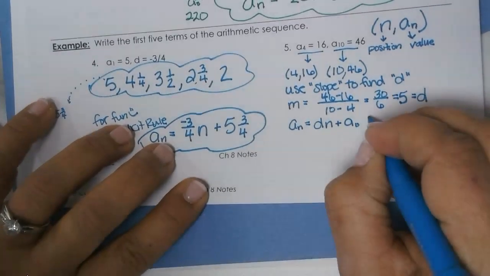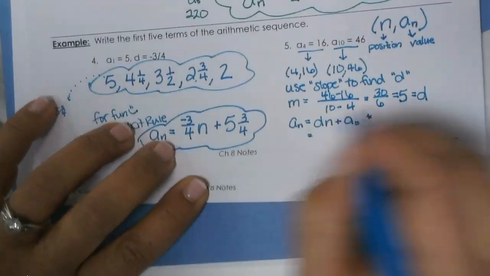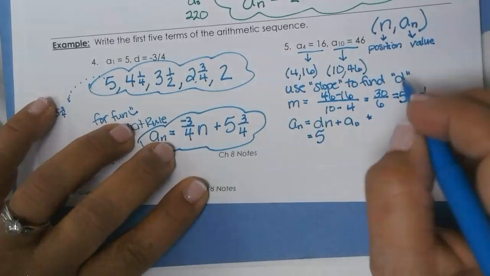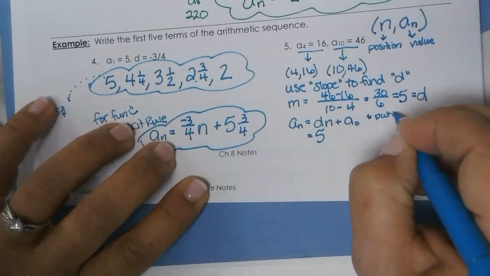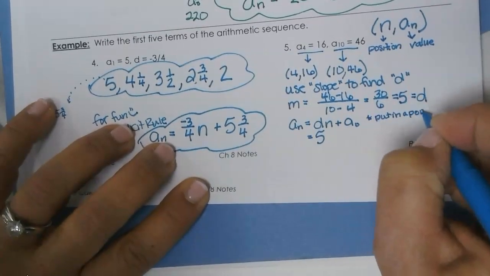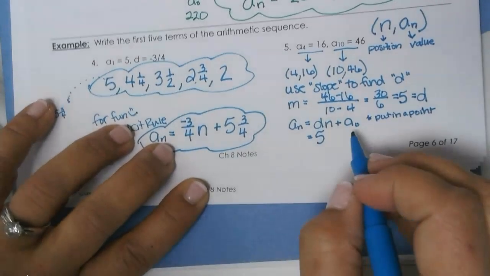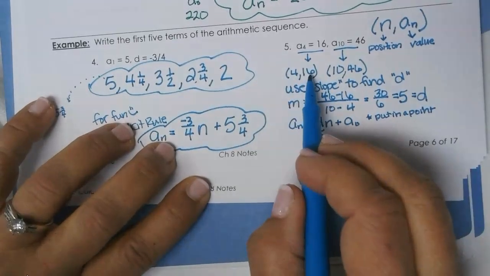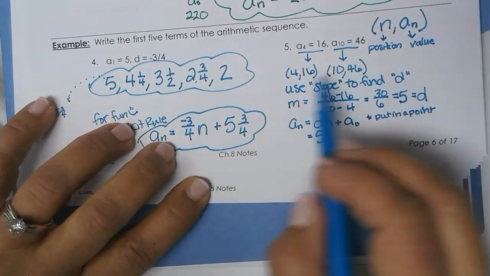We know that our d value is going to be 5. And we're going to put in a point to help find my a sub 0. We can either put in 4, 16 or 10, 46. I'm going to use the smaller one.